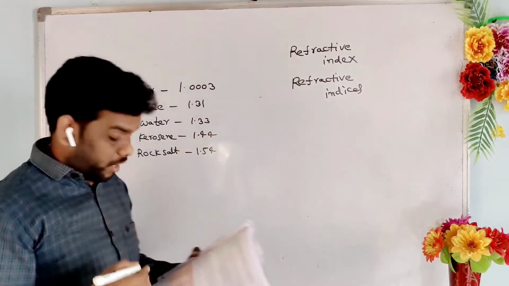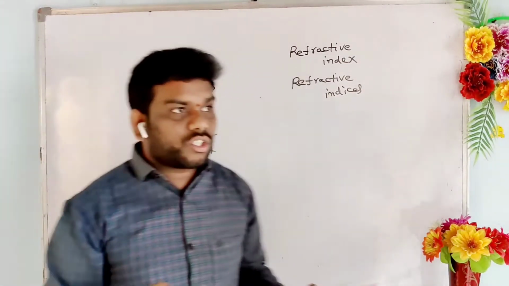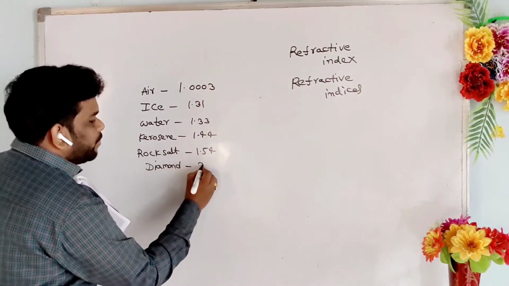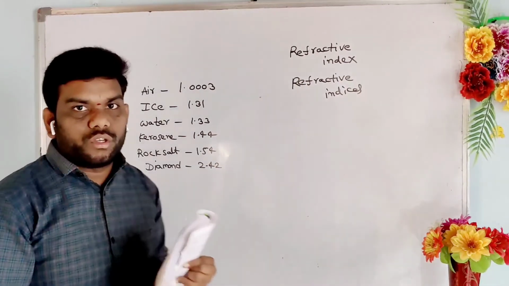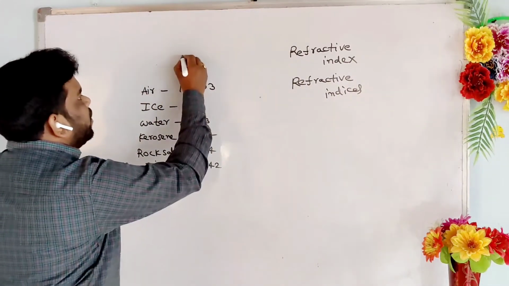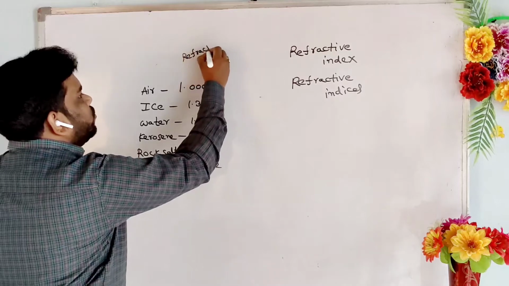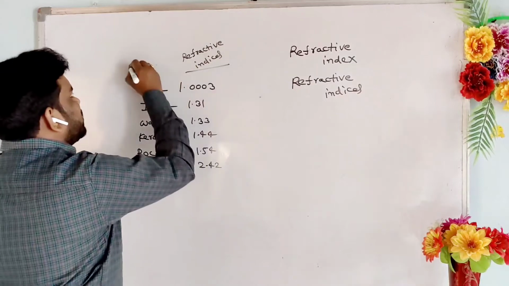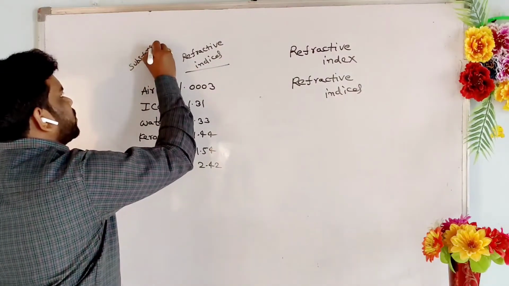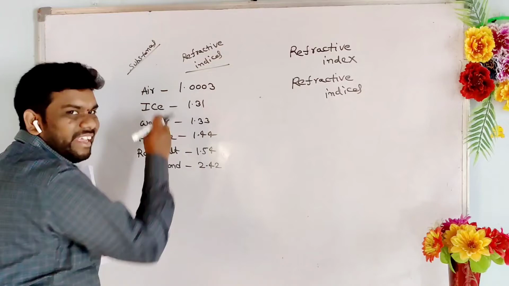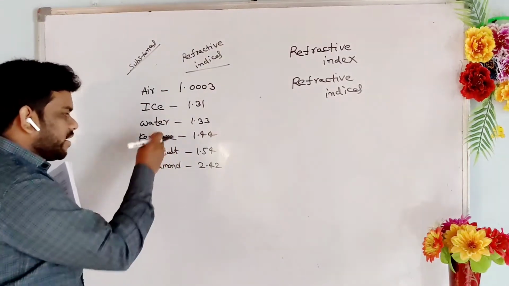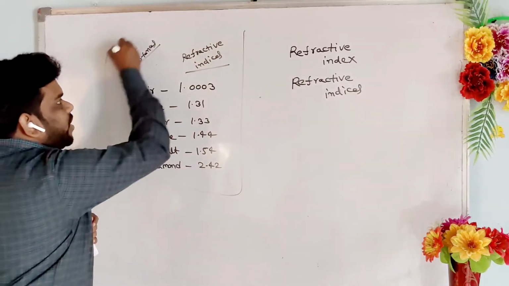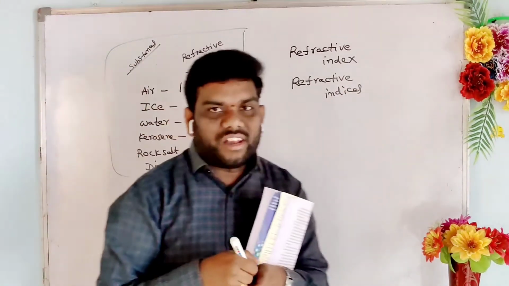And last, diamond is 2.42. These are refractive indices of substances: air, ice, water, kerosene, rock salt, diamond. These are our refractive indices values.